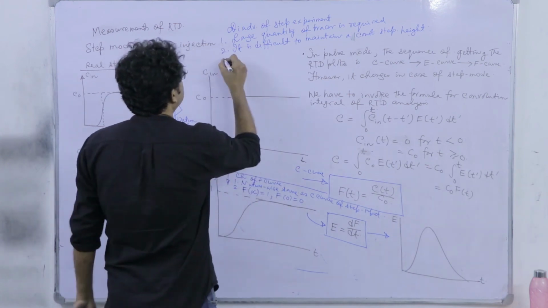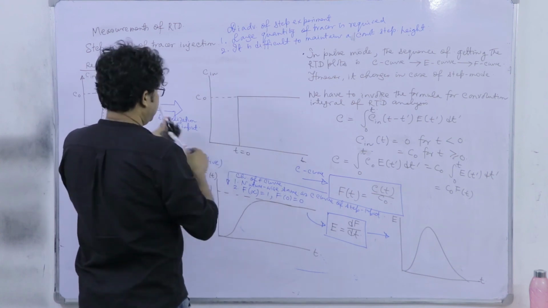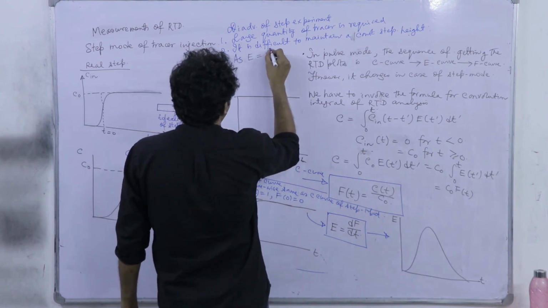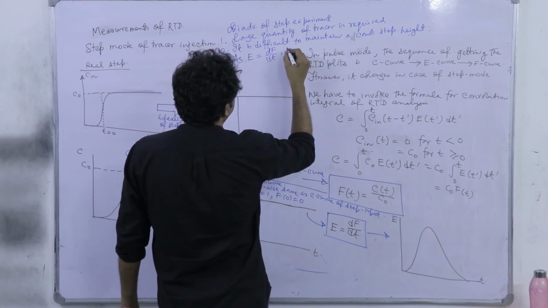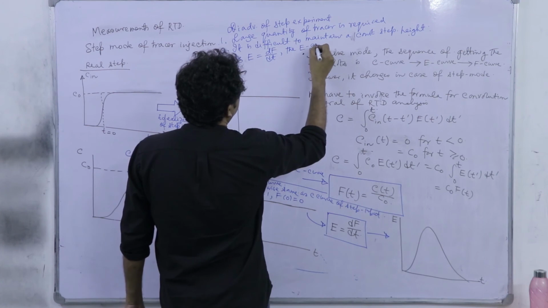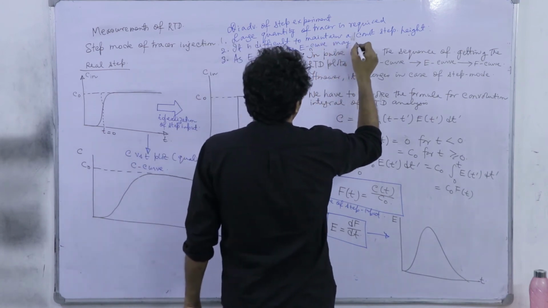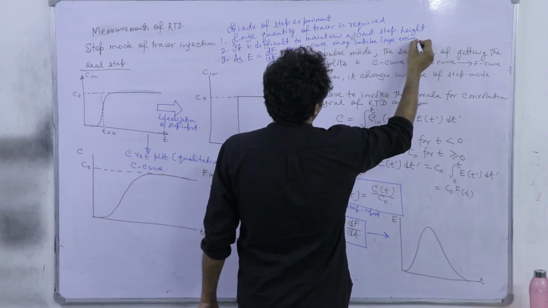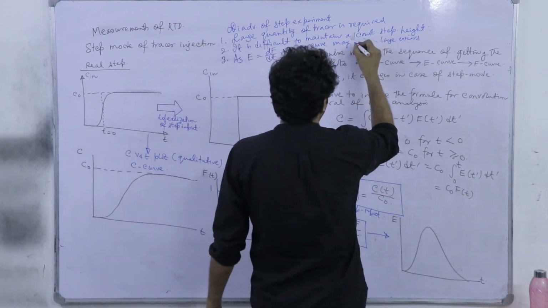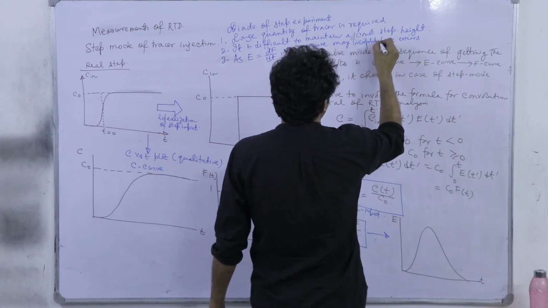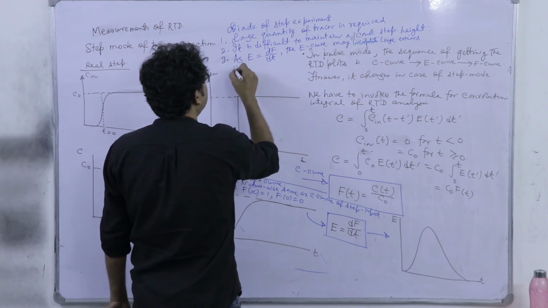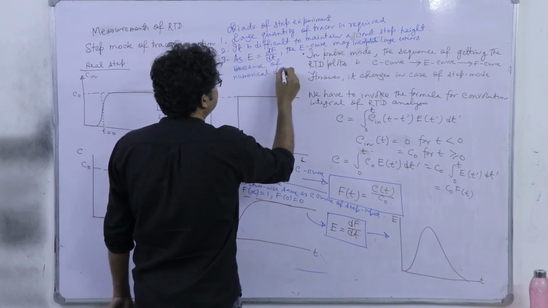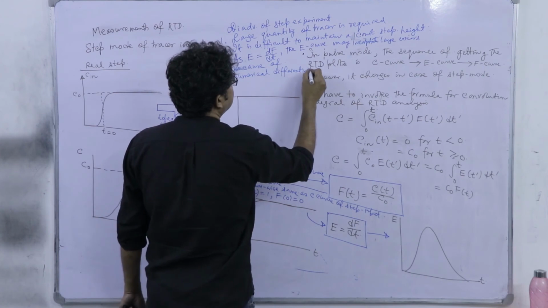And third, as E is equal to dF/dt, the E curve may incorporate large errors because of numerical differentiation, right?